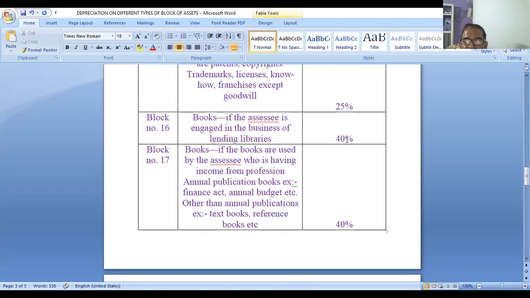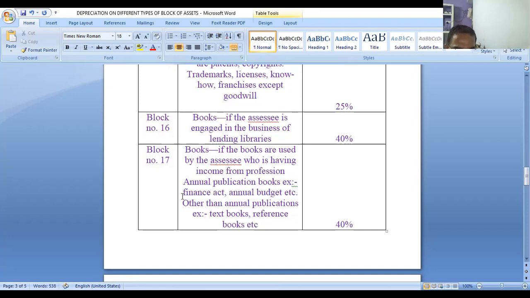Your business is running as a library, you're giving books on rental basis to other people. Now block number 17, books used in business by those having income from profession, annual publications, Finance Act, annual budget, other than annual publications, textbooks, different books, 40%. Suppose any profession, say a doctor, has to buy so many books.